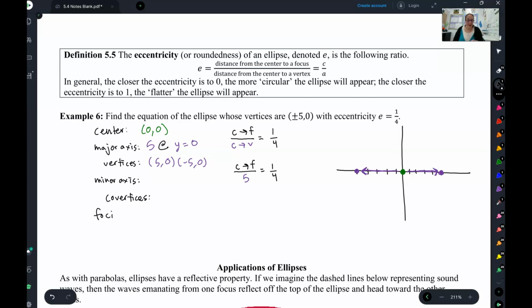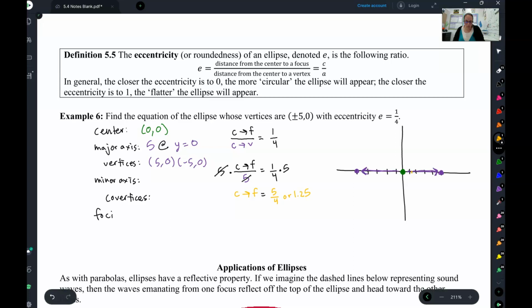And knowing that, I can solve for the distance from the center to the focus. Times both sides by 5. And I get that the distance from the center to the focus is going to be 1/4 times 5, which is 5/4 or 1.25. Now notice, my focus is 1.25 from the center.